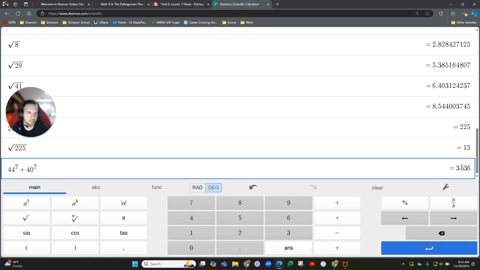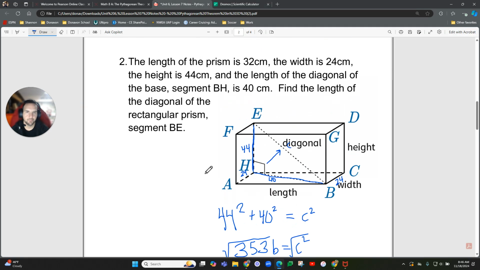So we'll go back to Desmos and just take the square root of that number. So the square root of 3,536 is 59 point, did it say to round somewhere? Find the length of the diagonal of the rectangular prism base B. Let me just double check to make sure I got this right, because that doesn't seem right. The length of the prism is 32.